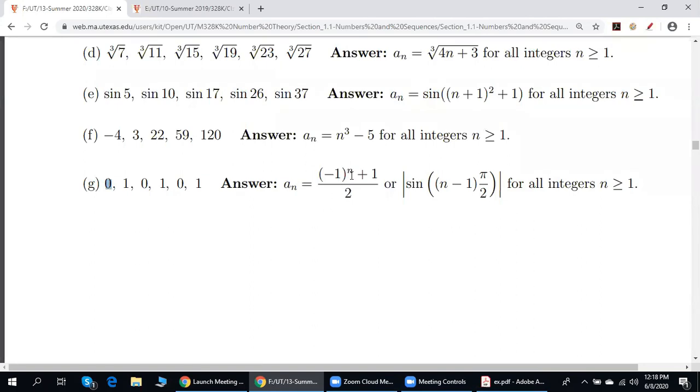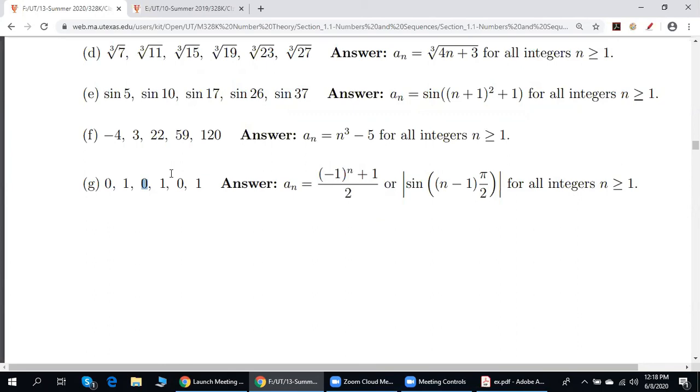If n is equal to 2, we get 1 plus 1, 2. But we need 1. We just divide by 2. a3 is 0 because -1 cubed is -1 plus 1, 0. 0 divided by 2 is 0. If n is 4, we get again 1 plus 1, which is 2, divided by 2, 1, and so on.